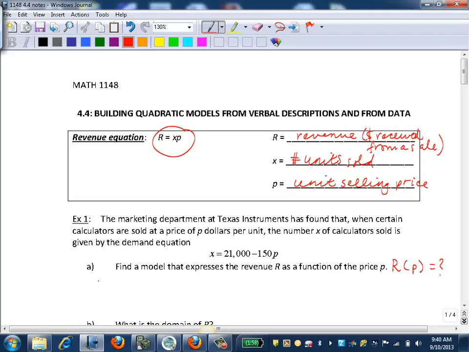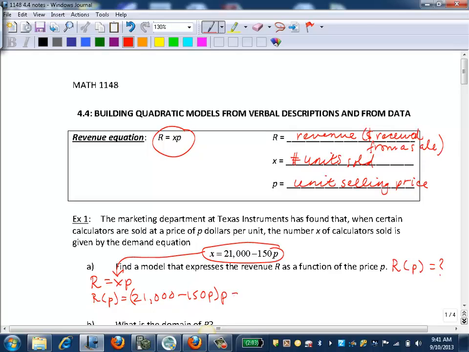So we're going to start with our R equals XP, and this is not a function of price because it has that X in there. So we're going to need to substitute in for that X, but we were just given right here that X is a function of P. So we can substitute this in here for X. So then that will give us an R of P. So that will be 21,000 minus 150p times p.